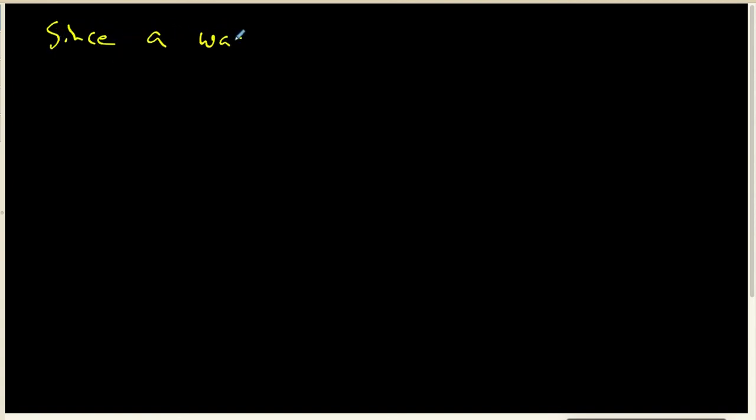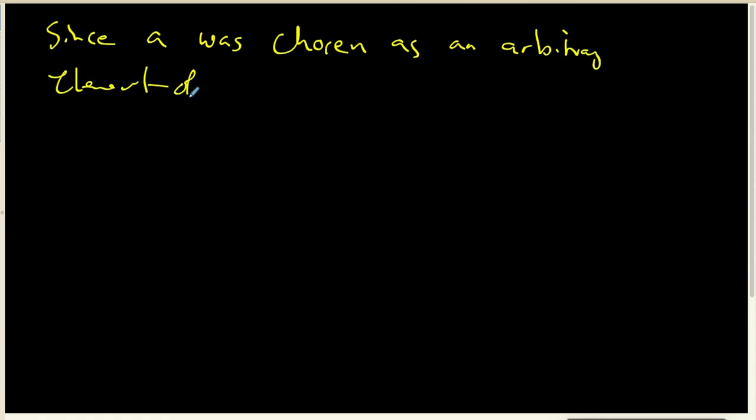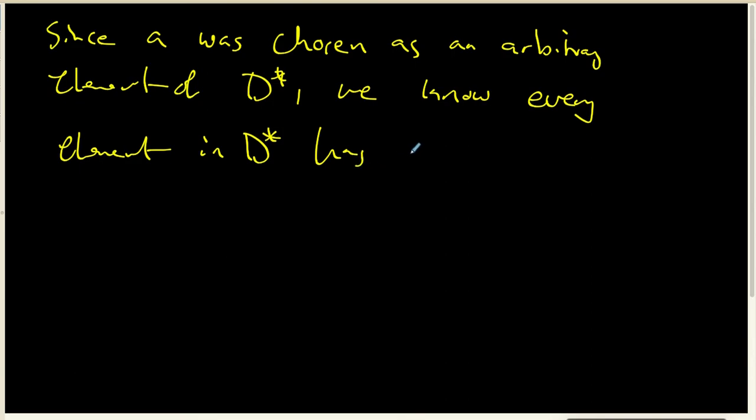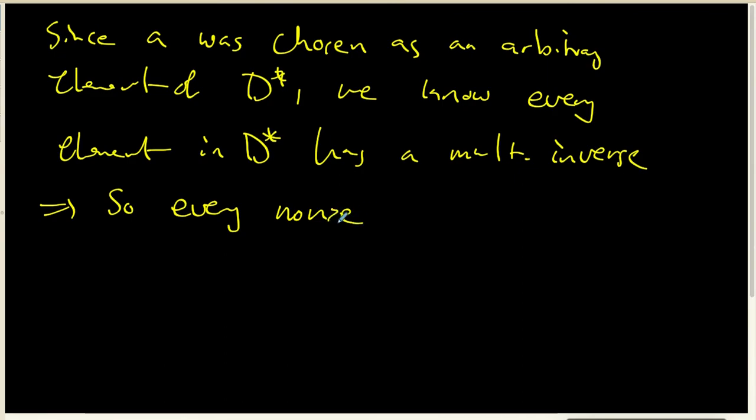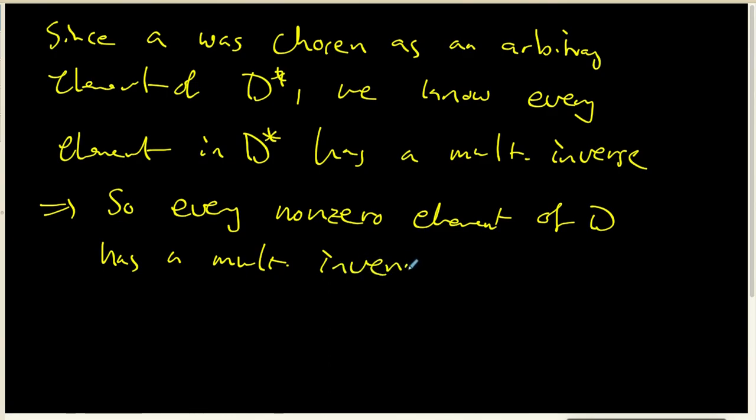Since A was chosen as an arbitrary element of D star, we know every element in D star has a multiplicative inverse, and that's enough to say every non-zero element of D has a multiplicative inverse, and that together with the fact that D is an integral domain says D is a field.